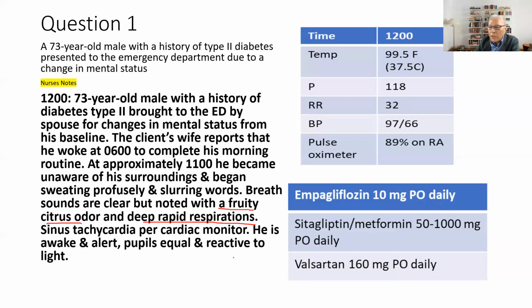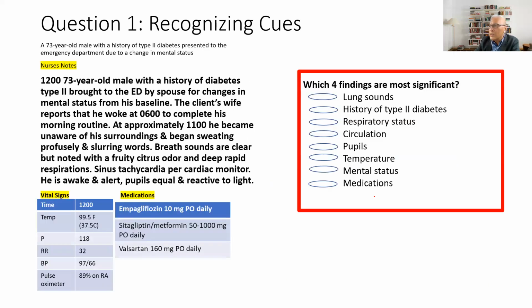Pupils are equal and reactive to light. So notice the temperature is 99.5, the pulse 118, respirations 32, 97 over 66, and 89% on room air. The patient is on sitagliptin, metformin, or Januvia with metformin, and valsartan 160 milligrams PO daily. So those are his medications.